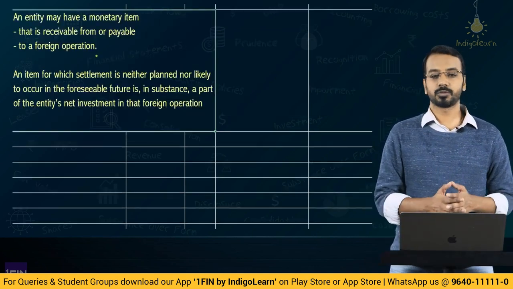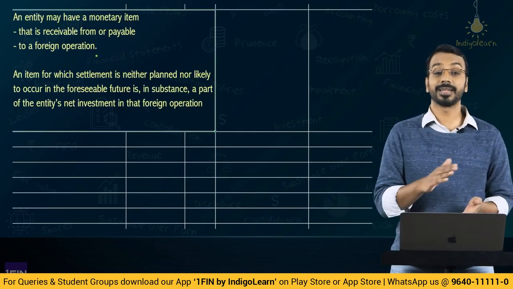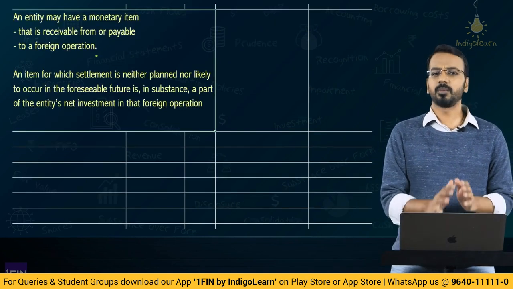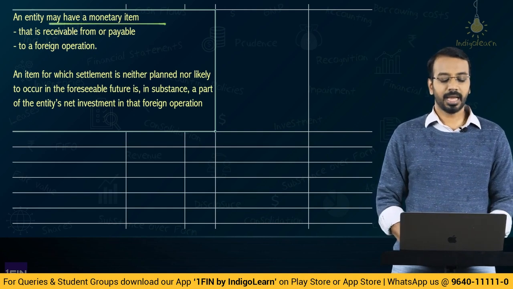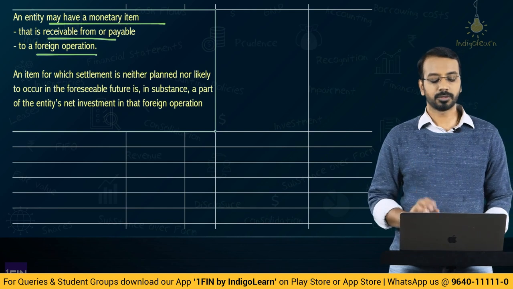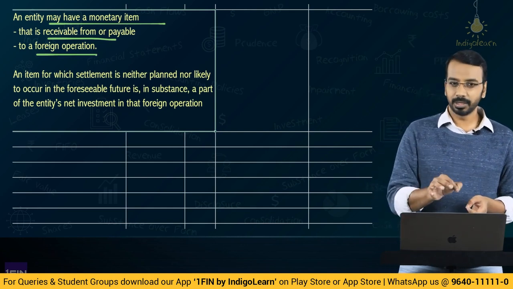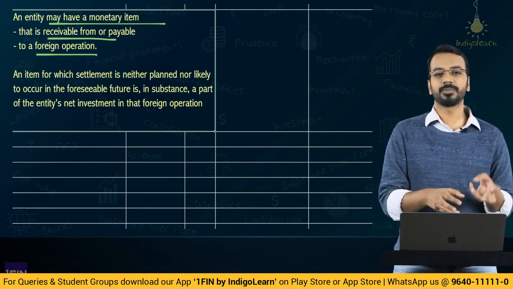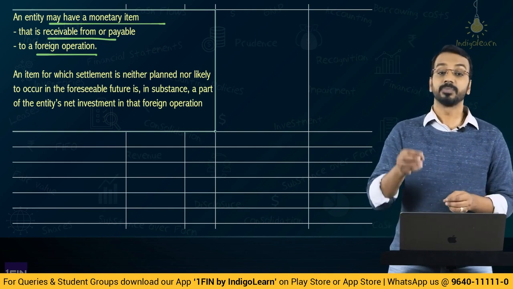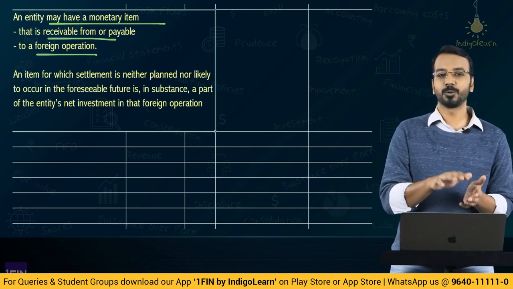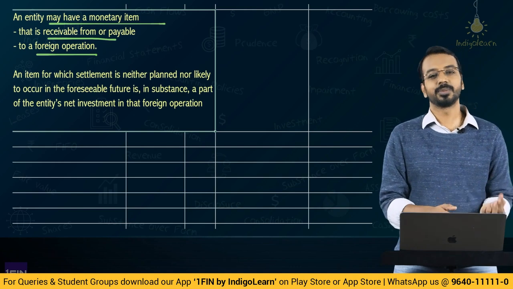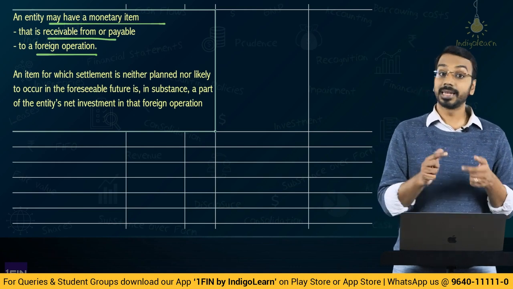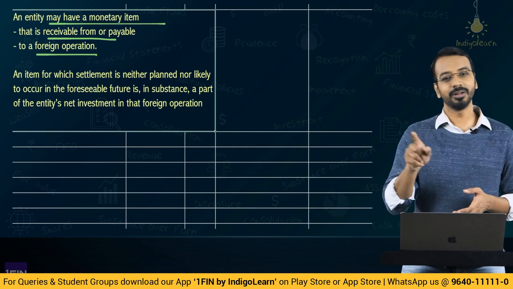Now, whatever we have discussed so far with regards to monetary items, that is either receivable or payable, what the standard says is, an entity may have a monetary item that is receivable from or payable to a foreign operation. Receivable could be something like a loan, there can be trade receivables. As far as payable is concerned, there may be some amount which is payable, or the entity itself may have borrowed some amount from the foreign operation.